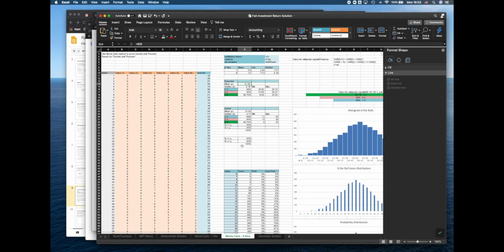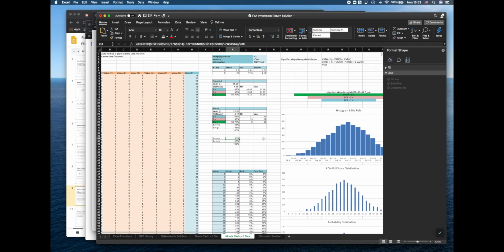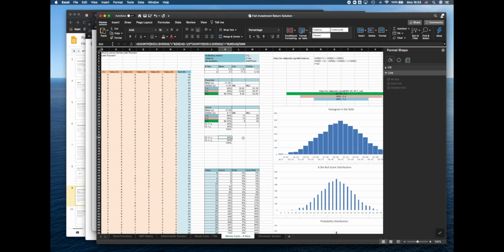So I give half of the count to one side and half of the count to the other side. And when I do that, which is a little bit more complicated of a formula, and you can see it here in the Excel spreadsheet, look at this. I get 50% of the numbers were greater than the average, and 50% of the numbers were less than or equal to the average. And that's pretty cool, because that's exactly where you expect the average to be, right in the middle.